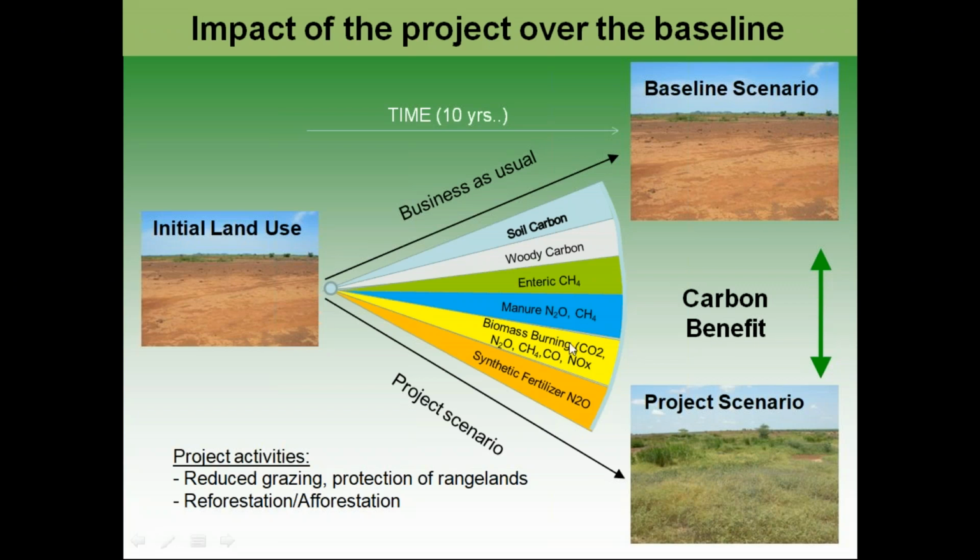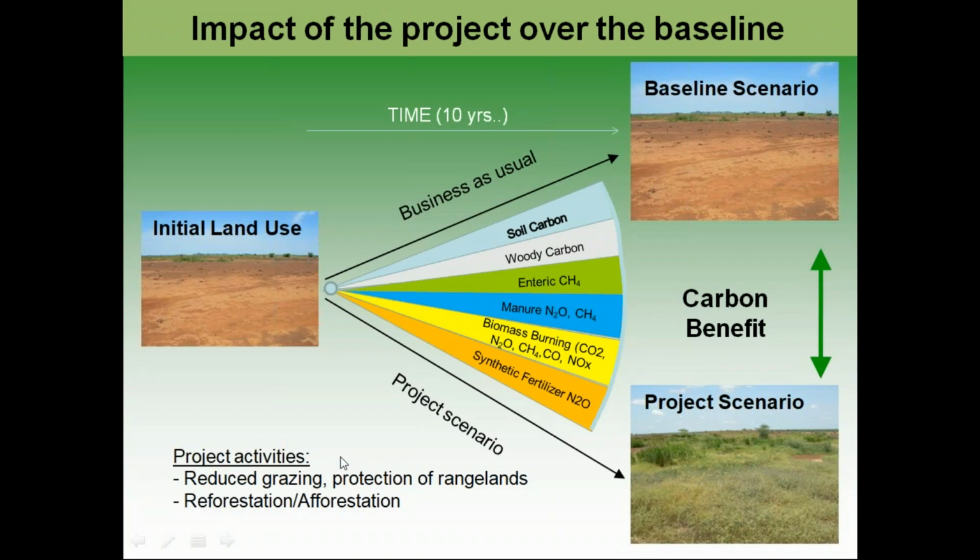So if we have a quick look at this example here, we start off with an area of bare degraded grassland. Under a business as usual scenario, we can assume that in 10 years' time it would remain as bare degraded grassland, and you would get some carbon lost from the soil because of decomposition.